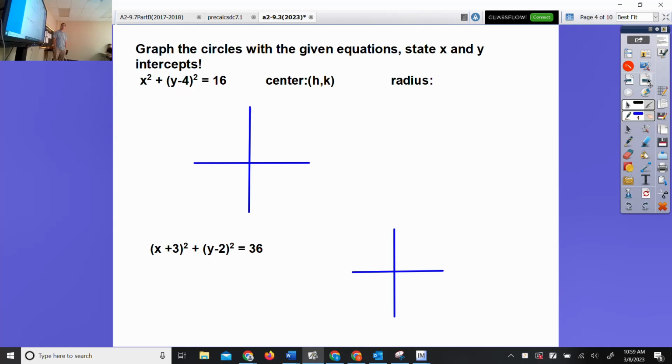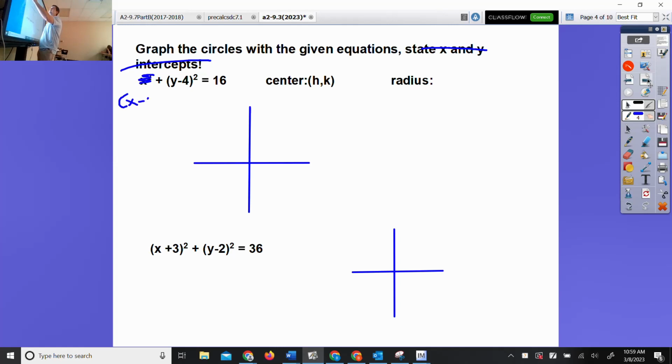Whatever. Graph the circle with a given equation. Don't worry about the x and y intercepts for now. Just graph the circle. The first one is x squared plus (y minus 4) squared equals 16. If you don't remember doing this last year, you probably won't remember that. There's another way to rewrite x squared so it looks more like your form. If you take away 0 from something, do you change it?